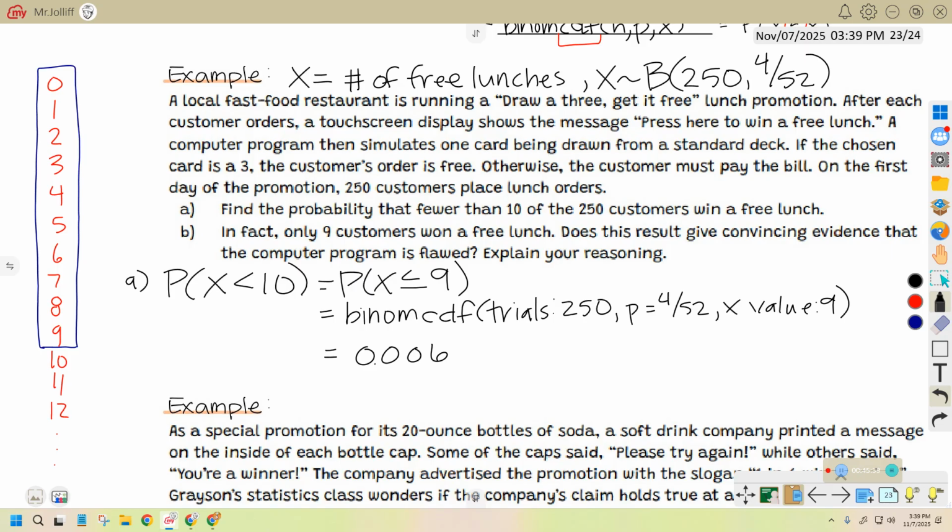So we know that the probability that 9 people or fewer got a free lunch is 0.006 or 0.6%. I want you to take about 90 seconds in your small group and discuss, is this an indication that that computer program is likely broken? Discuss. 90 seconds. I'm going to call on a random person. Make sure you talk to your neighbors.